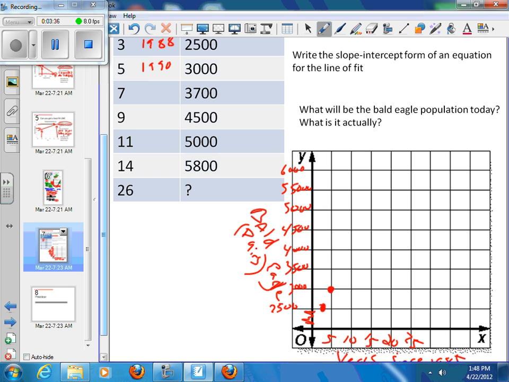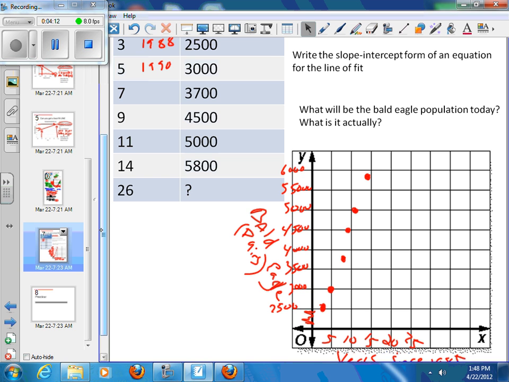That's a nice little intersection. 7 and 3,700. 7 and 3,700 is somewhere in that area. 9 and 4,500 is up here. 11 and 5,000 is here. 14 and 5,800 is here. I probably could have spread my x's out a little bit further.